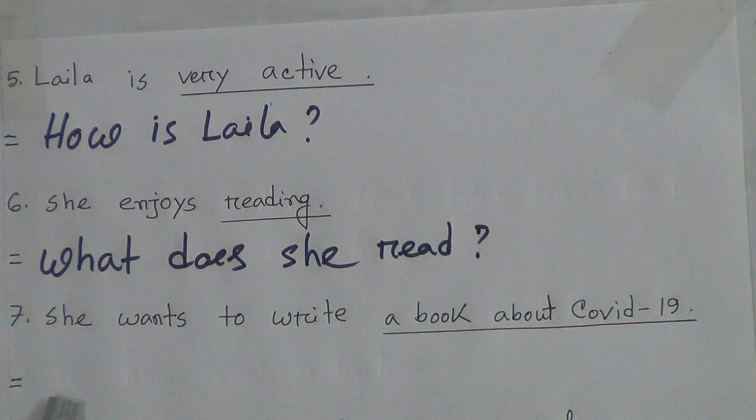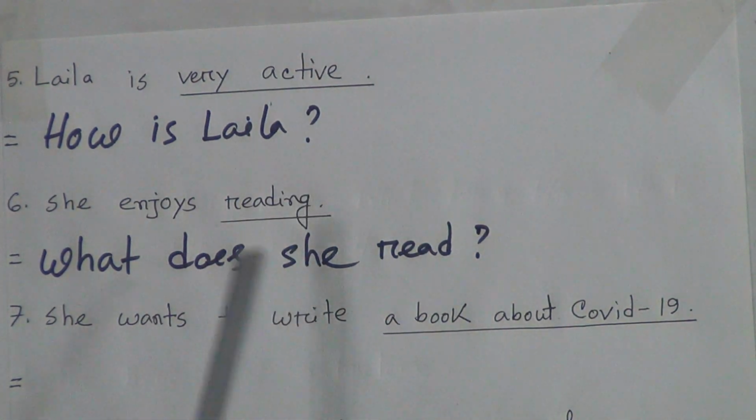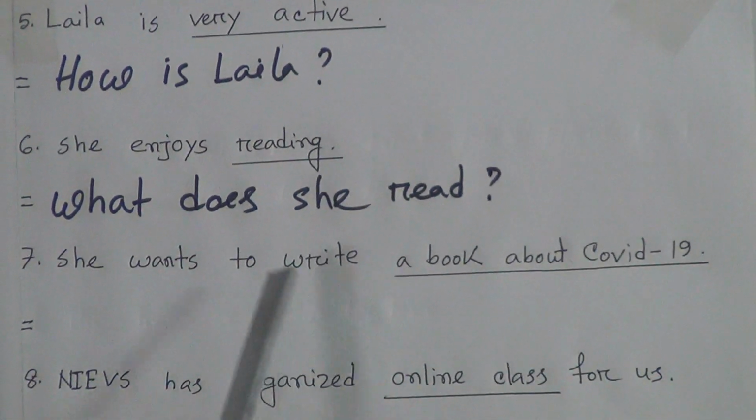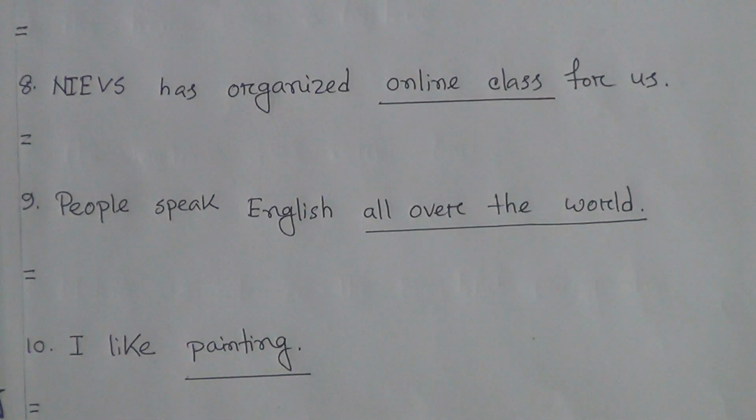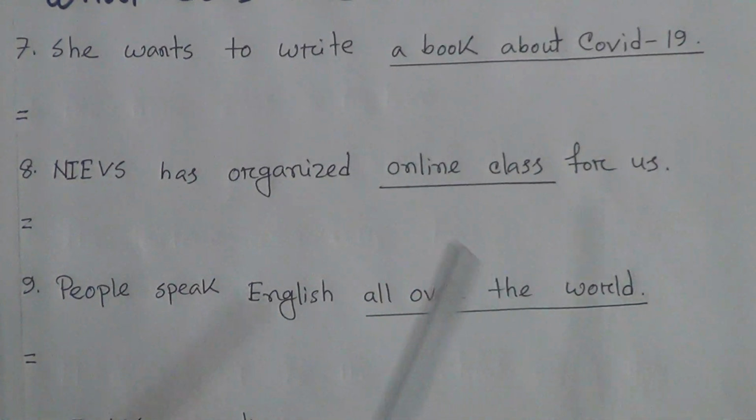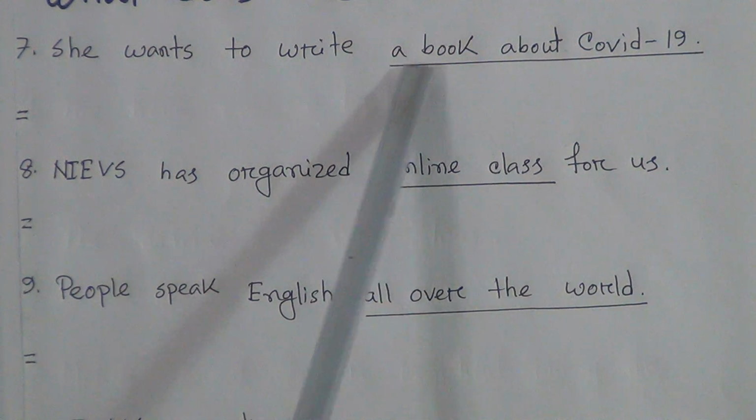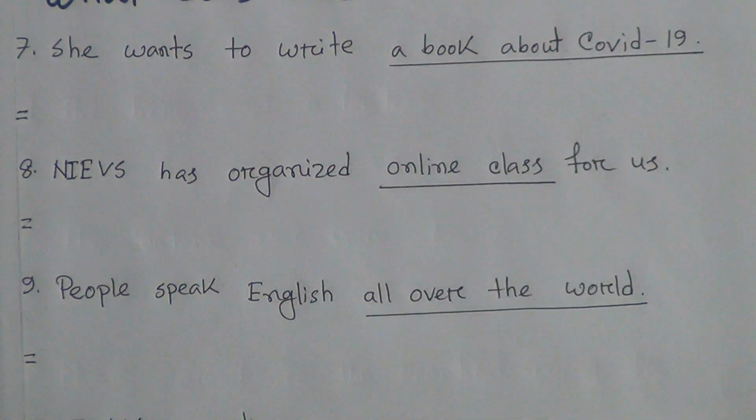Question number 7, she wants to write a book about COVID-19. So this portion of the sentence is also the object of the verb, because if we ask the question what does she want, the answer will be a book about COVID-19.